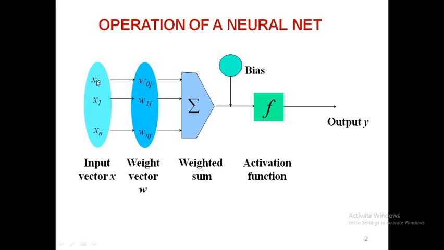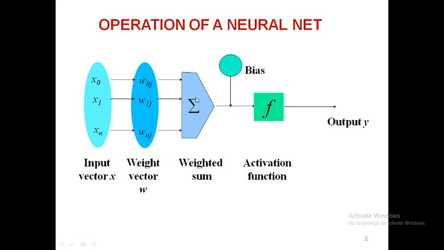The corresponding inputs are X0, X1, and so on up to Xn. All these are connected to the output neuron, where the products of these inputs and corresponding weights will be summed in the output neuron.